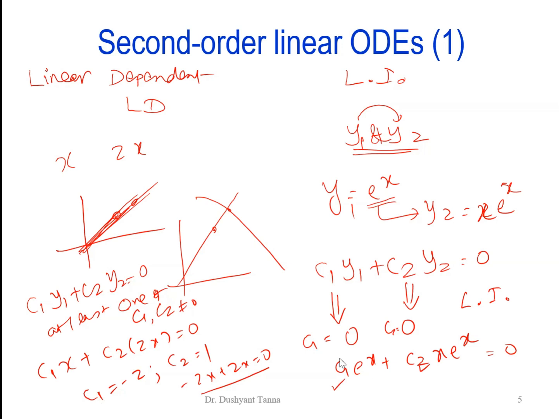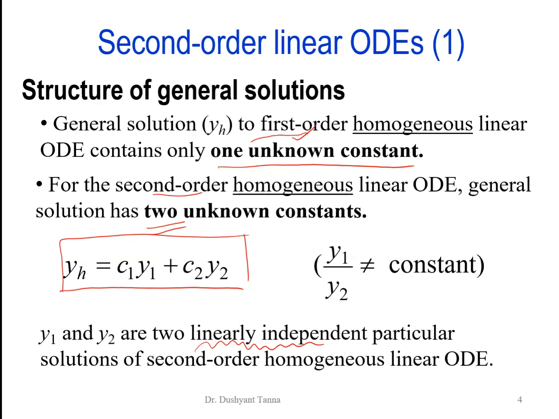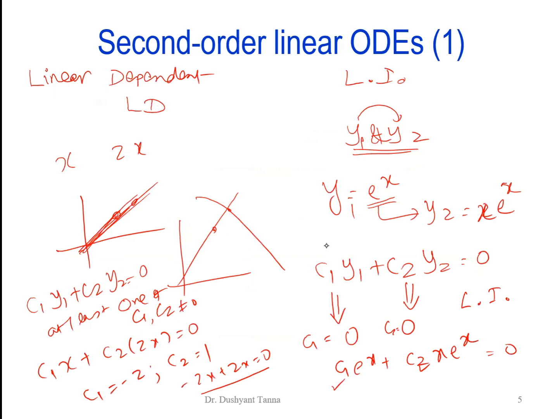I will quickly add a slide. So, to not make it complex, we will choose solutions where the ratio y1 over y2 is not a constant.